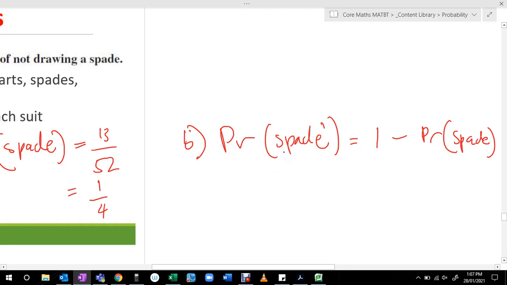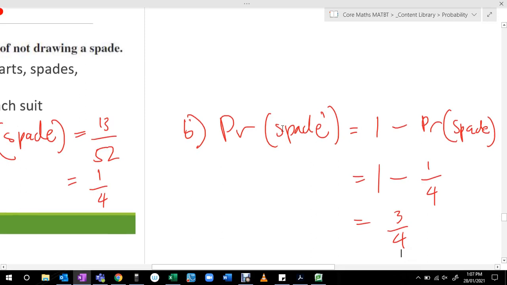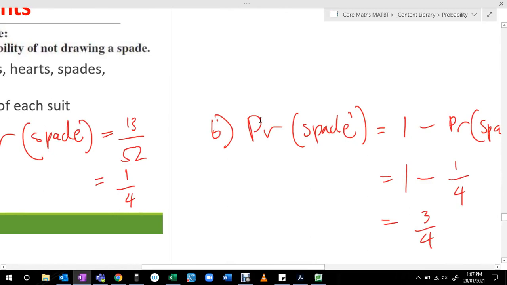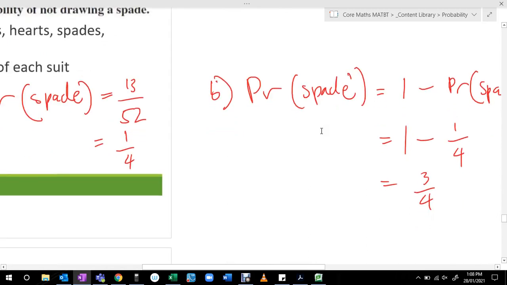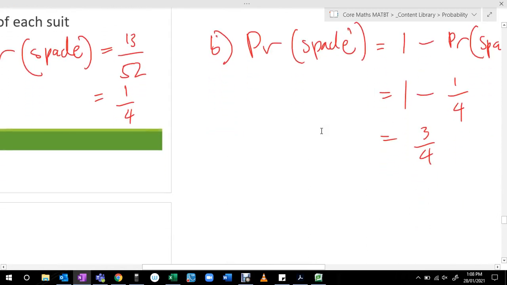Basically, what that's saying is the probability of not spade is equal to 1, so all of it, take away the chance of getting a spade. So in this case, it's 1 take away 1 over 4, which equals 3 over 4. Because remember, the probability of spade, the desired event, plus this one is going to equal 1.